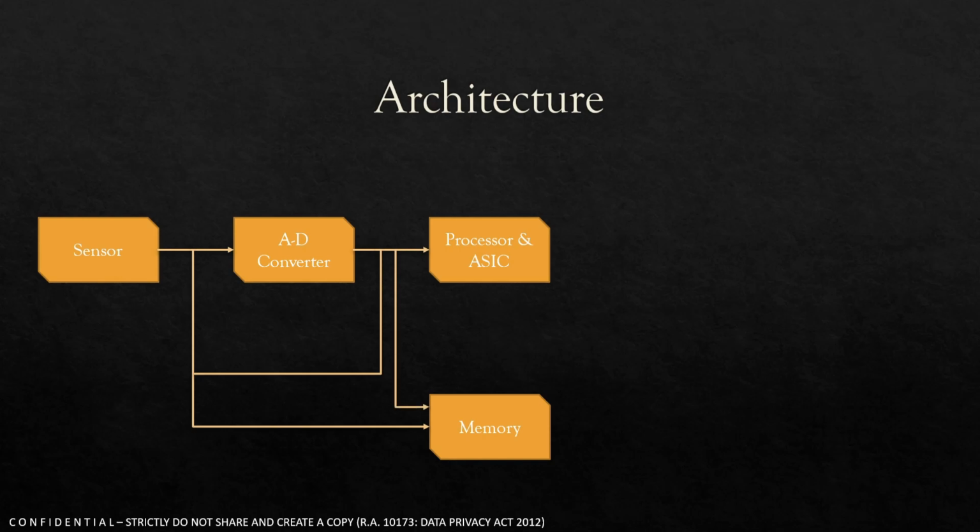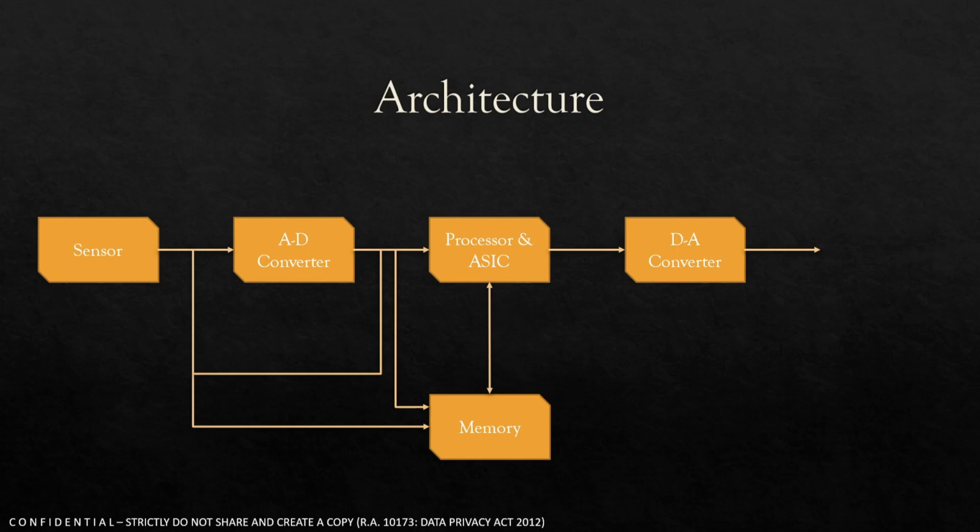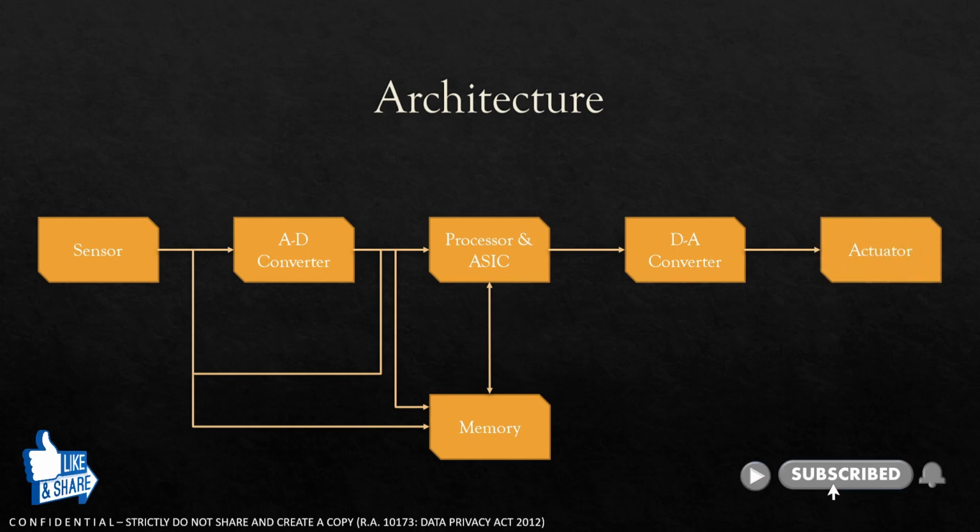And also we can say that the data may go back and forth to the processor and ASIC or to memory. Then it goes to the DA converter, or the digital analog converter. Afterwards, it will proceed now to your actuator, or your output part.